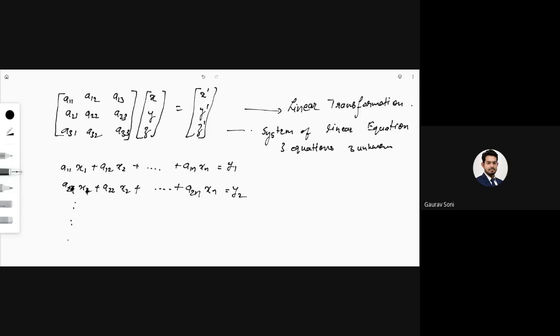And so on, an1 x1 + an2 x2 up to ann xn is equal to yn. This is the basic definition of linear transformation.